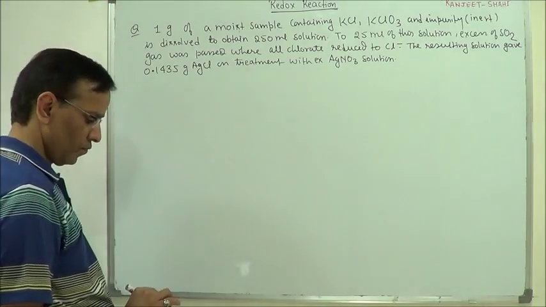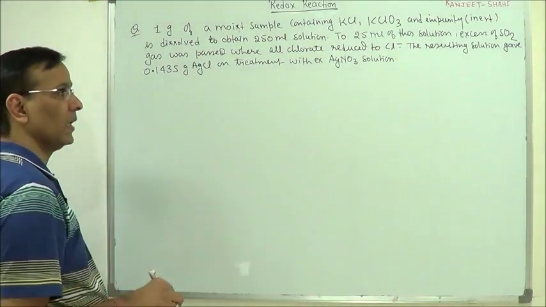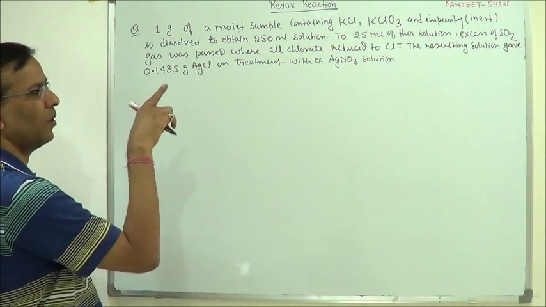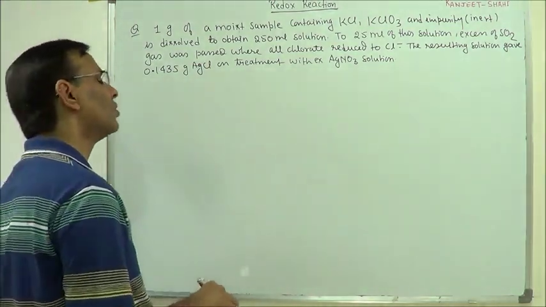So in this reaction, there will be two sources of chloride, one from original, one from stock.